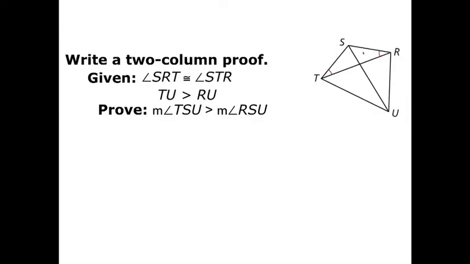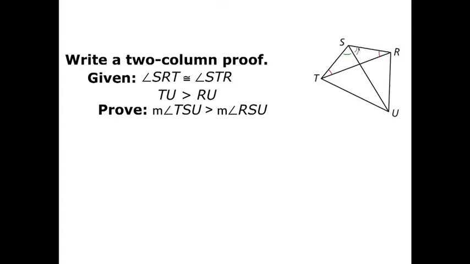I want to prove in this triangle that since I know angle SRT is congruent to angle STR, the two red angles marked there, and I know that TU is greater than RU, that implies that angle TSU, the angle here, is bigger than angle RSU, the angle here.